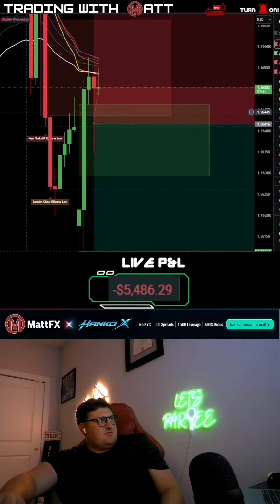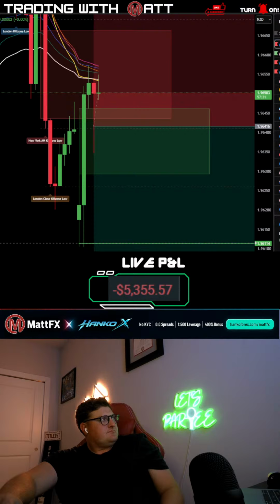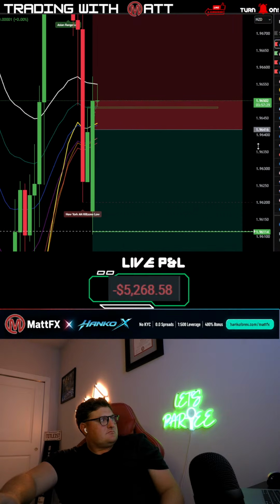That's the rejection we wanted to see going into this new hour. That's the exact rejection we wanted to see. Now retrace the wick and test the 50-day EMA.